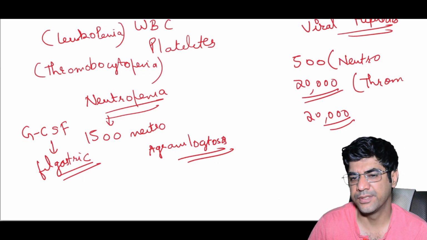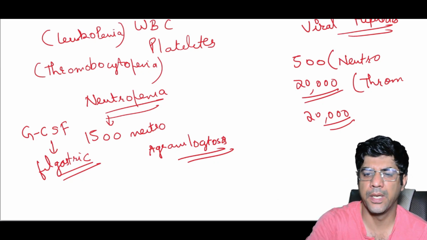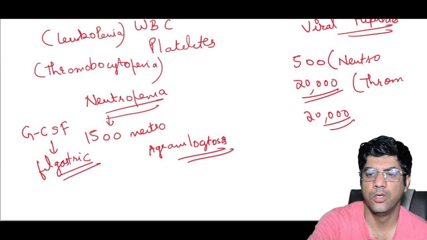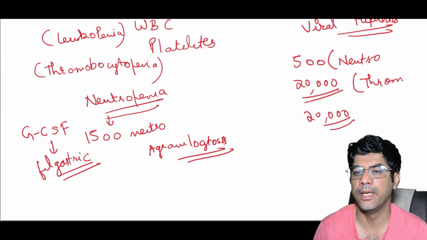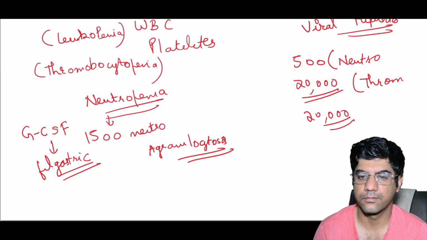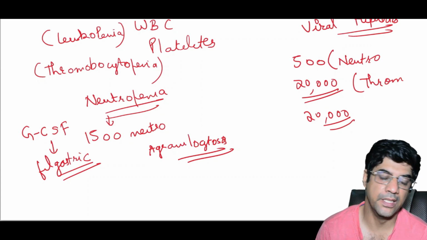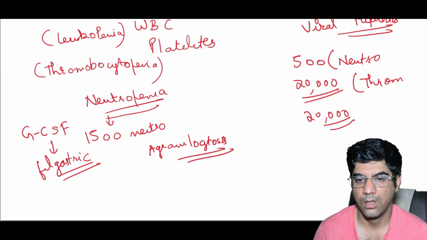Agranulocytosis typically develops rapidly, within days of exposure to the offending drug. The patient would develop malaise, sore throat, fever, and bone pain. Bacterial infections are more common. Red blood cell and platelet counts are usually within the normal range.